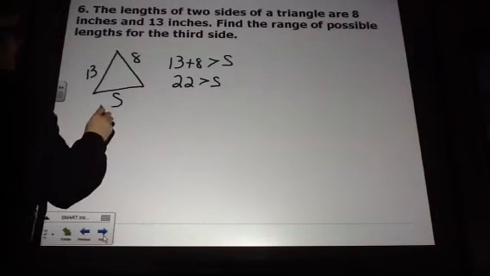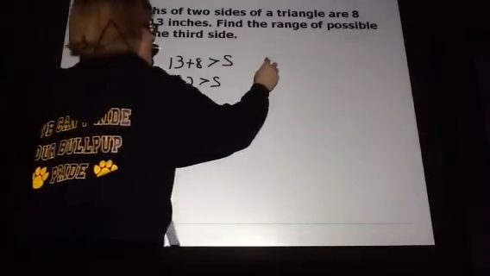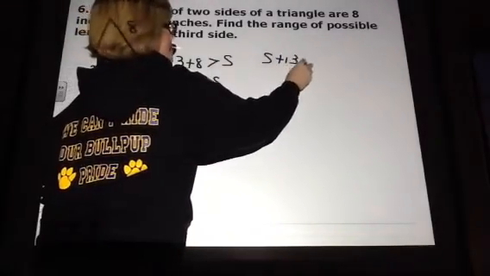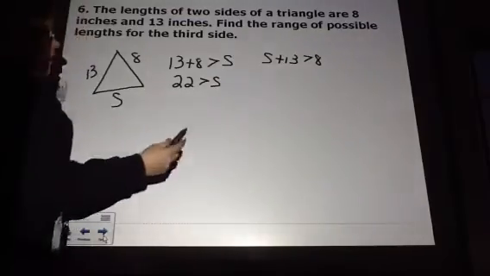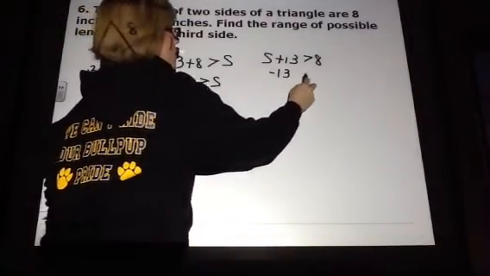And then let's take S plus 13, which must be greater than 8. Solve this like a one-step inequality.